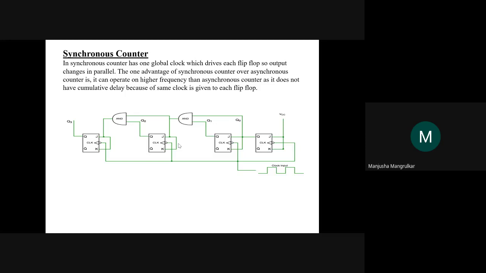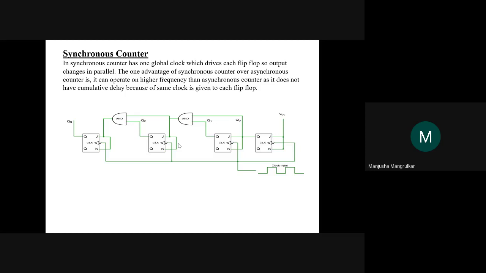This J depends upon Q1 and Q, J and K also. So this logic equation is calculated while we are designing a truth table for the up and down counter.